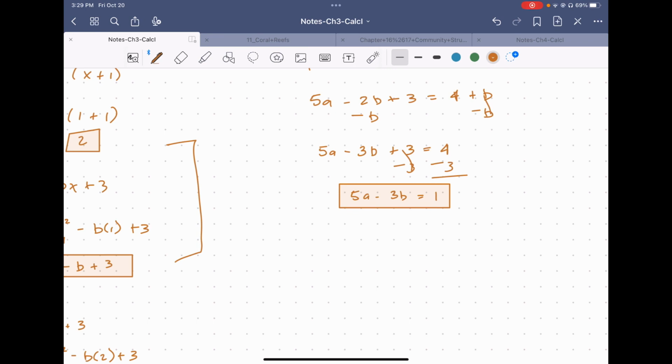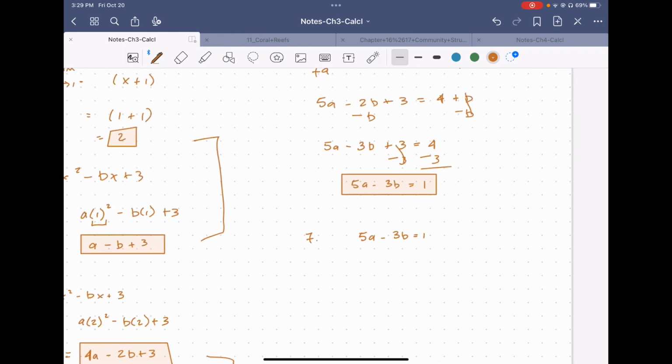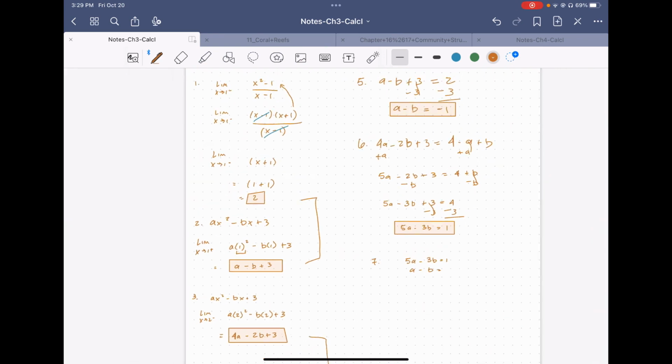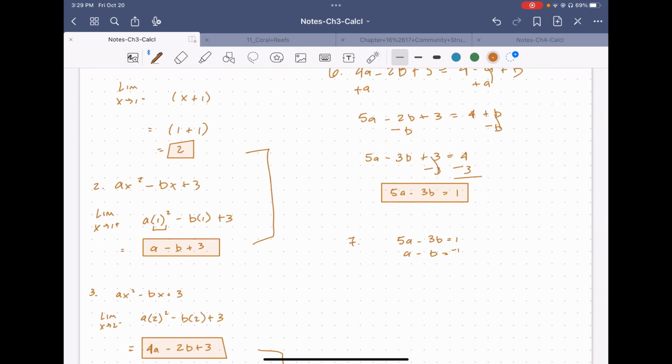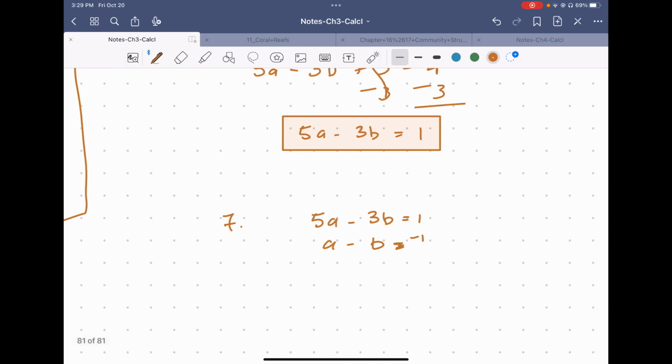At this point, we need to solve for values a and b. So we're going to set number 7, these equations, on top of each other. a minus b equals -1. You could either solve for a or solve for b. In this instance, I'm going to solve for b.